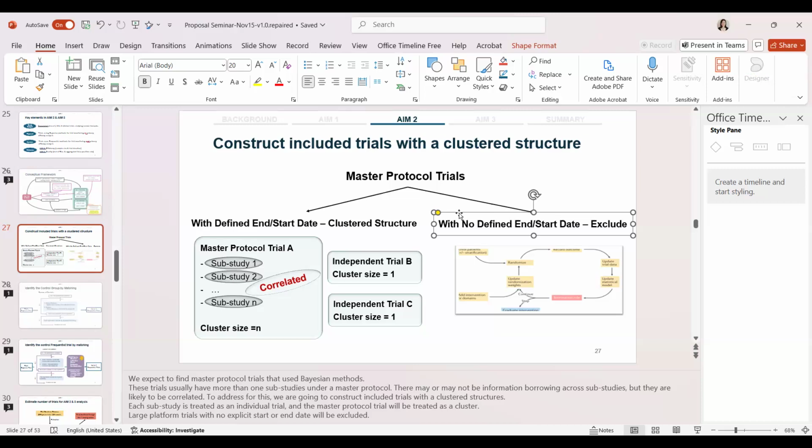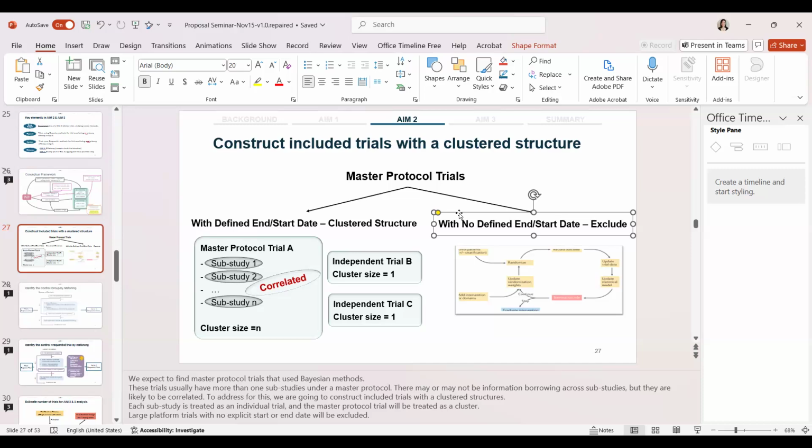Okay. Yeah, I-SPY 2 is one of the examples that I thought of that made me decide to exclude those huge platform trials, because they're way too complicated. And as you said, it's very ambitious to try to figure out each drug coming in and out, and figure out the time and the follow-up trials.